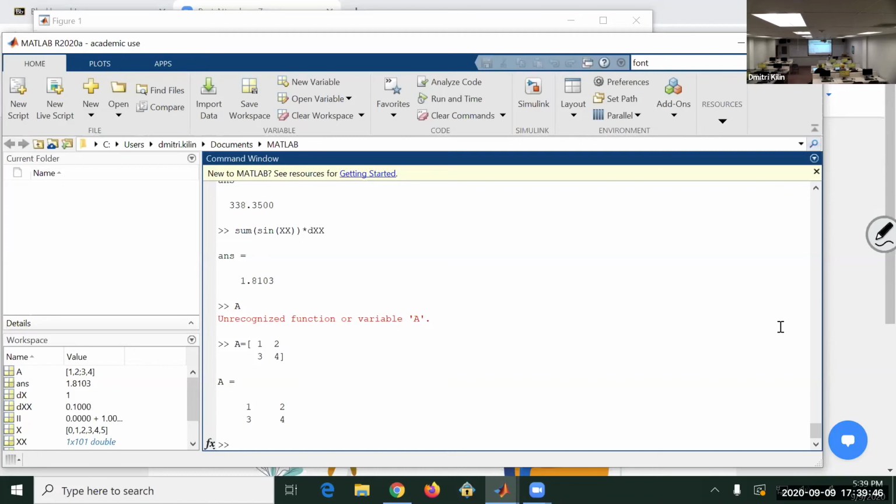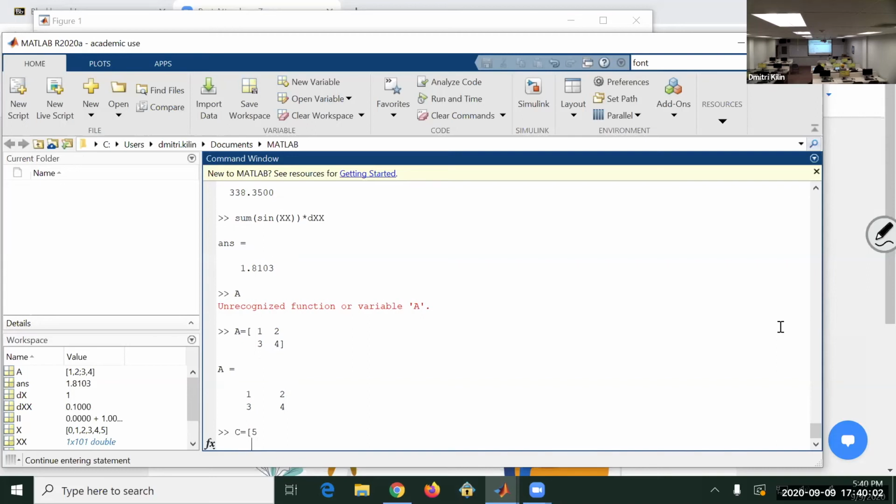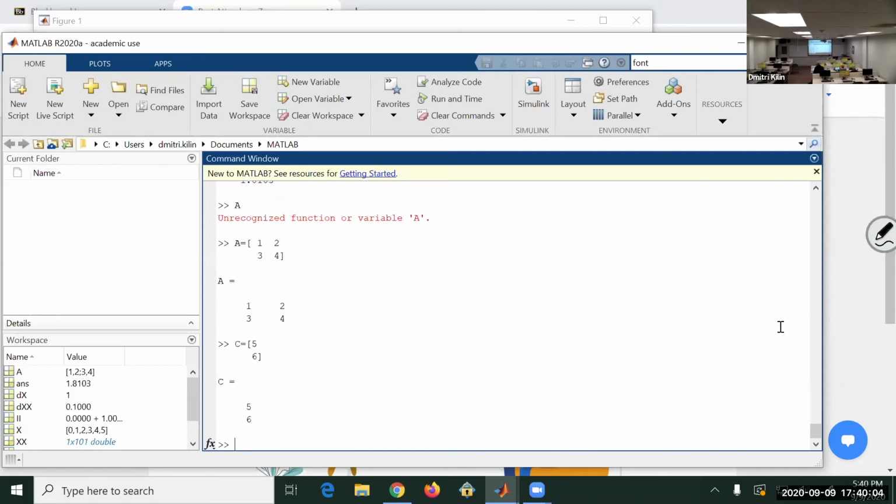So what do we do with matrices? Okay, let's multiply. Let's put C equals 5 and 6. So C is a column vector. And now I'm going to multiply matrix A by vector C. Just before hitting enter, maybe I should practice what it will be.